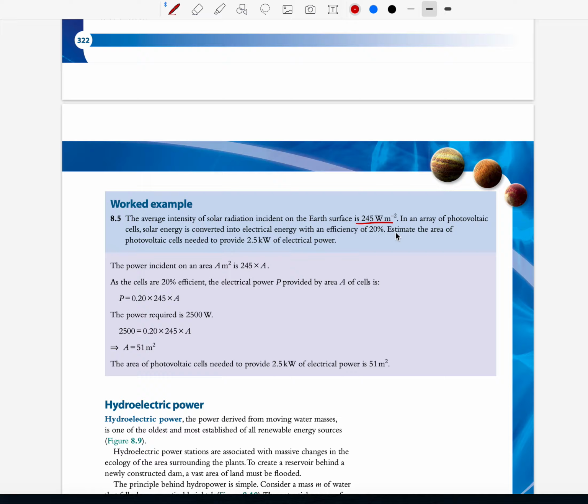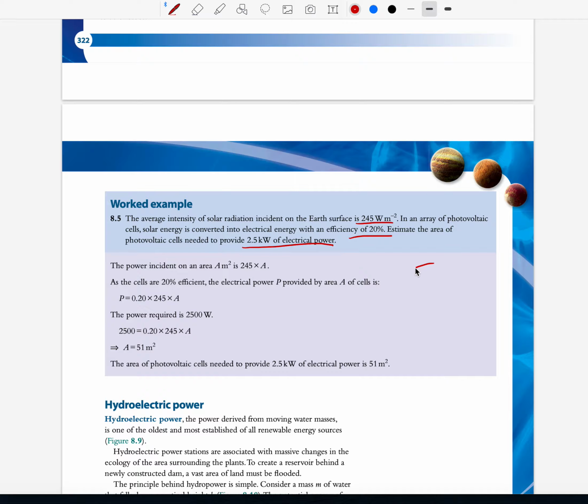In an area of photovoltaic cells, solar energy is converted into electrical energy with an efficiency of 20%. Estimate the area of photovoltaic cells needed to provide this electricity to your households or to whatever station you have.